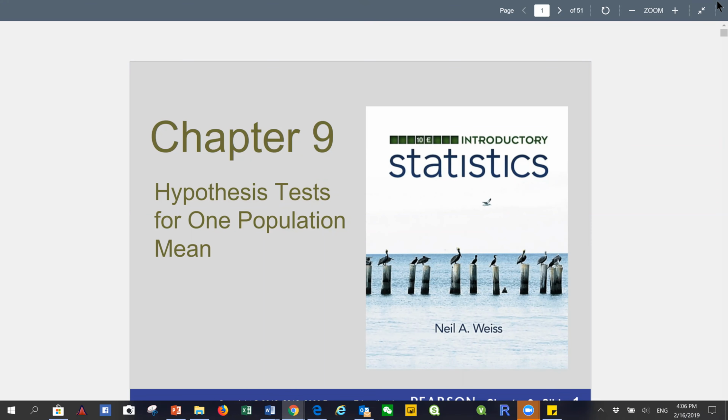Hypothesis test for one population mean. This is what we are going to cover today. So I will start with some lecture, and then I'll go over the homework assignments.